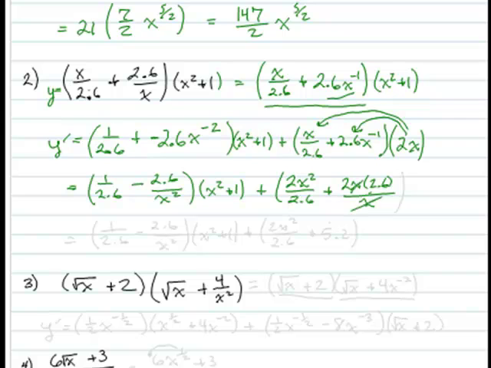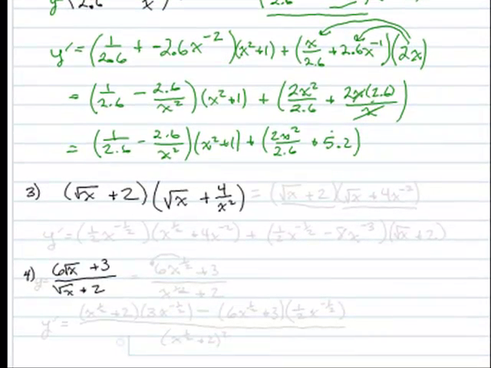Those x's will cancel. There's not a lot we can do with this first part, so I'm just going to leave it. 1 over 2.6 minus 2.6 over x squared times x squared plus 1, plus 2x squared over 2.6 plus 5.2.